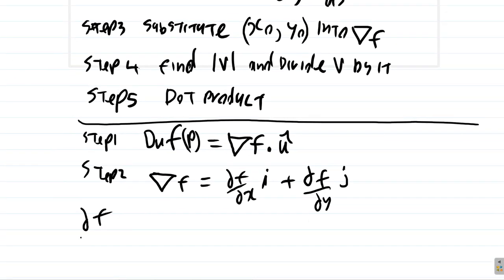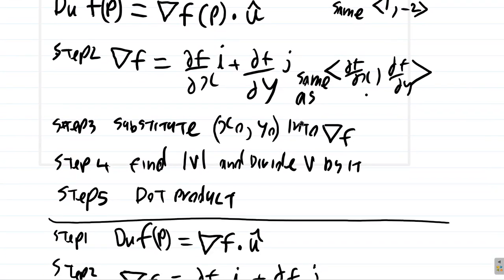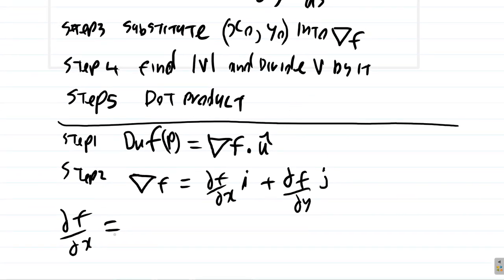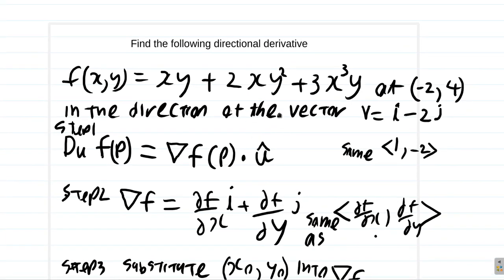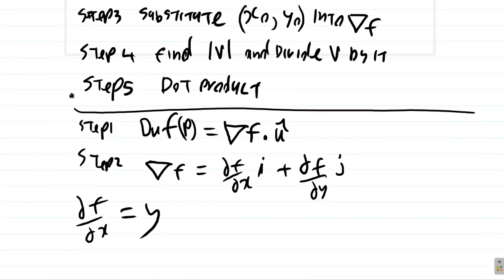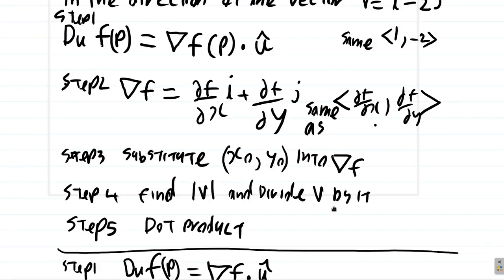Partial derivative of the function with respect to x is equal to, alright, we have to look at the function. We're going to have a y here. You have to remember your differentiation. Then this is going to be 2y squared plus 3x cubed.